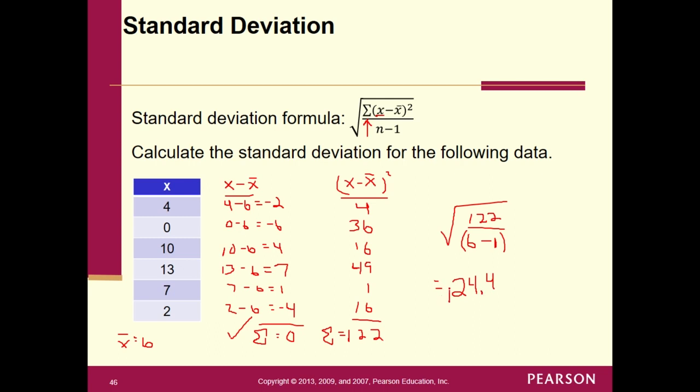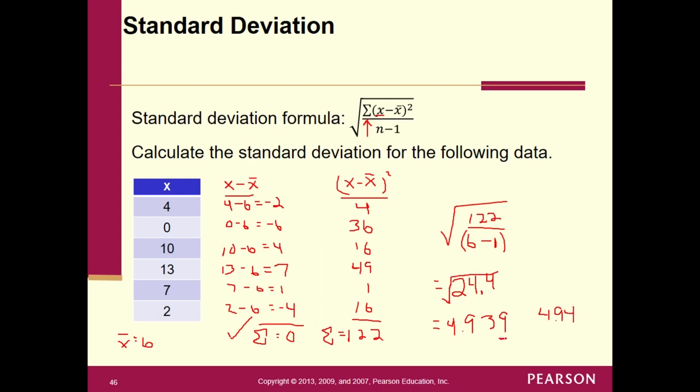So we got 24.4, and remember, don't forget to take the square root of that. So we got a square root of 24.4. What do we get here? I got 4.939. And so you know what I'm going to do? I'm going to round that to 2 decimal places, 4.94.